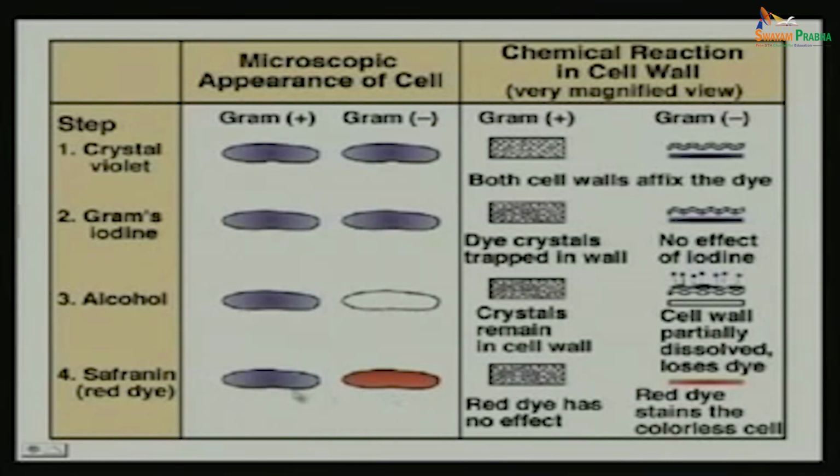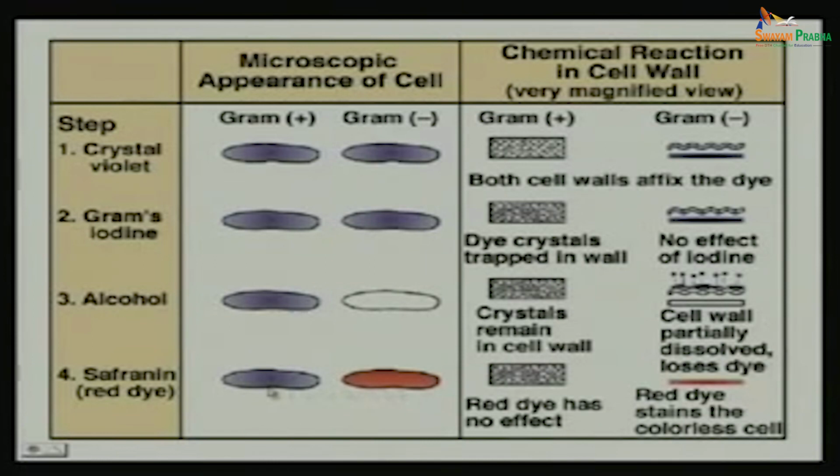When we wash it in mild running tap water, one group of bacteria retaining the crystal violet dye looks violet or blackish violet in color. Another group looks red in color.